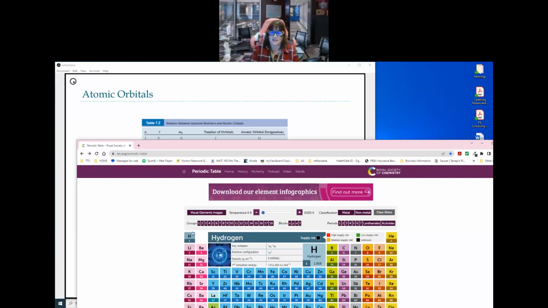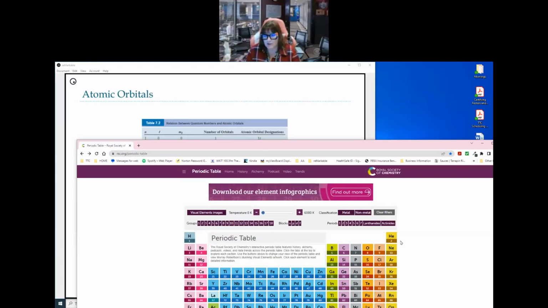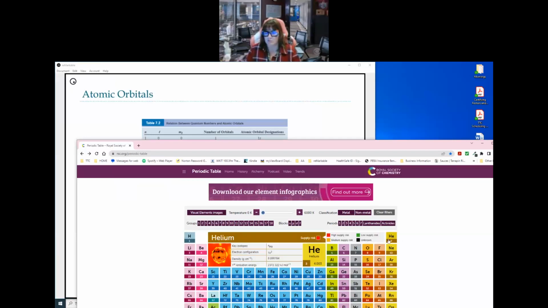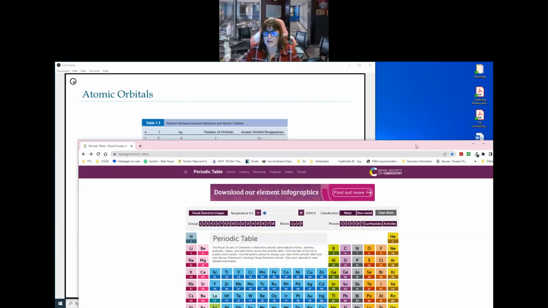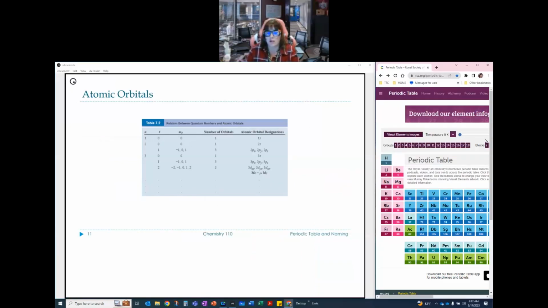That 0 means it's an s orbital, so it's spherical. And there's only one of them, okay? So I only have 2 elements that appear in that first row. That s orbital can only contain 2 electrons, okay? So it's a 1s. Every row has an s. Not every row has everything else. We add things as we go down.